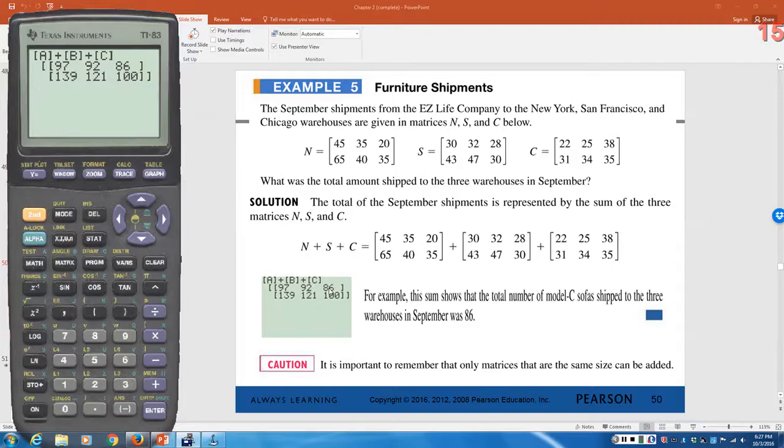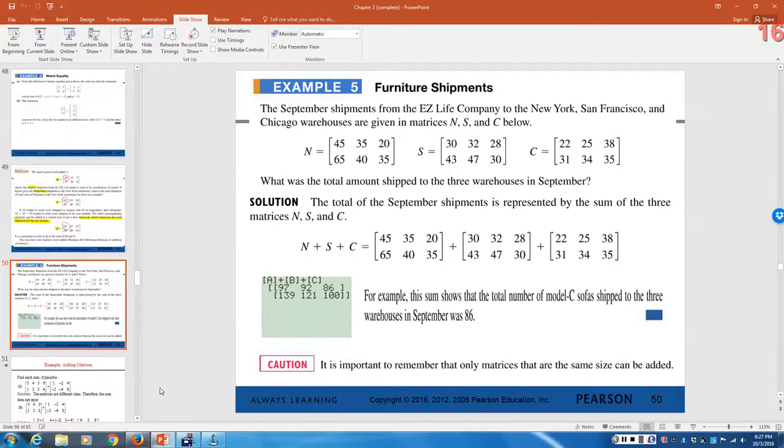Okay? So you ought to be able to interpret what every number in that last matrix means, because that's an application. That actually is what they're good for. Any questions so far?